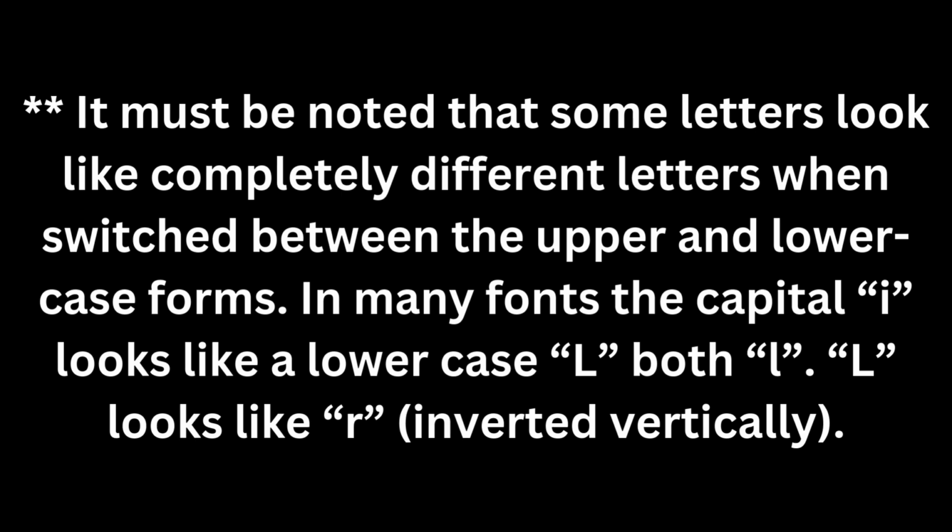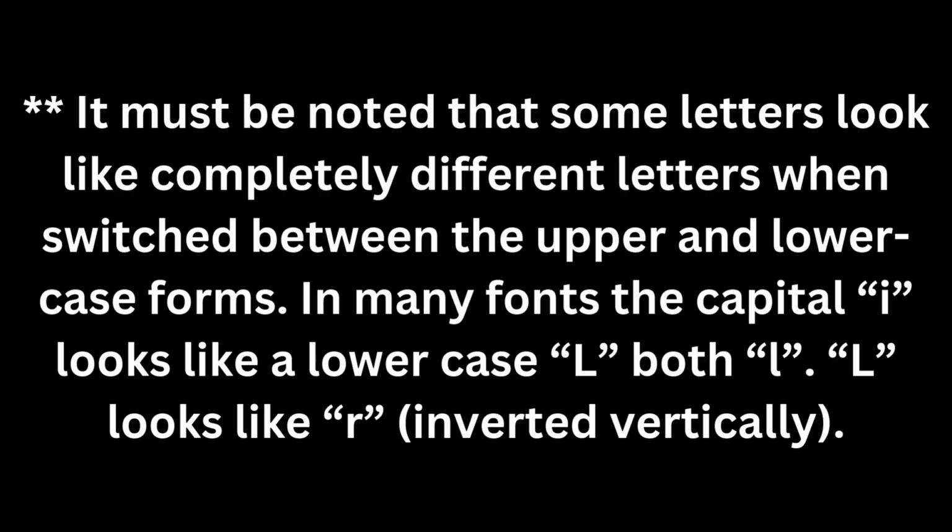It should be noted that some letters look completely different when switched between upper and lowercase. And in many fonts, the capital I looks like a lowercase L. And the L looks like a vertically inverted lowercase r.